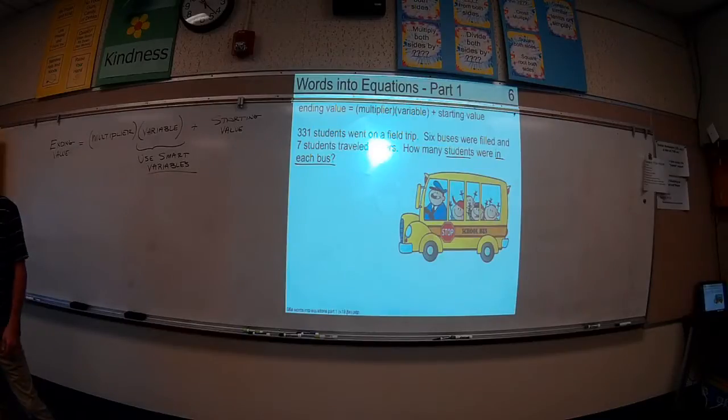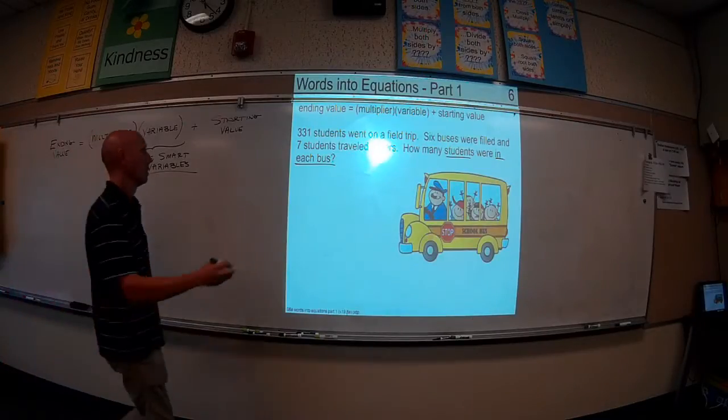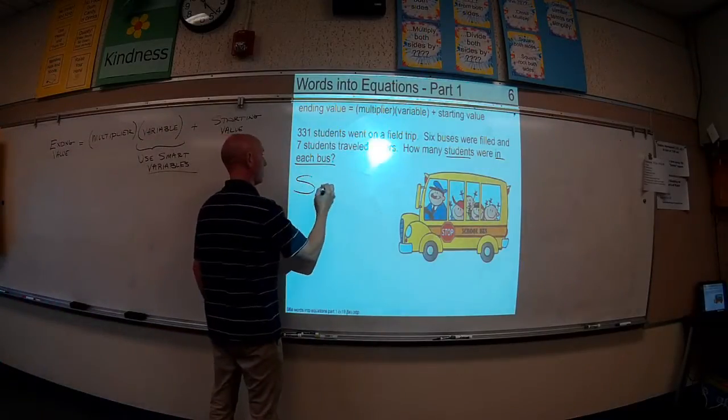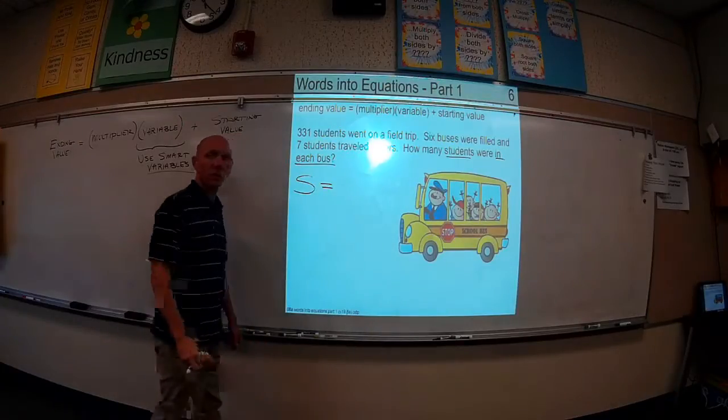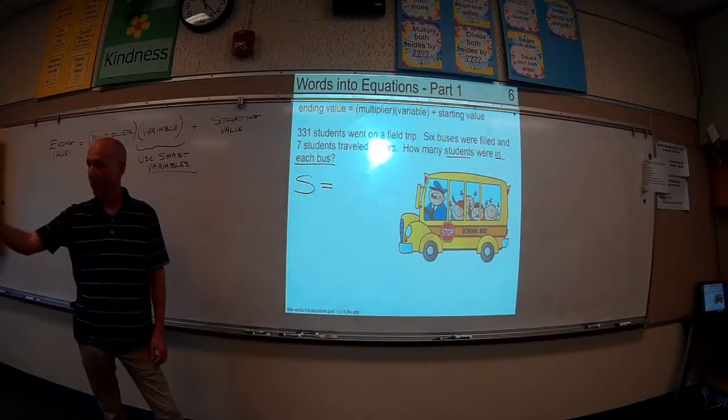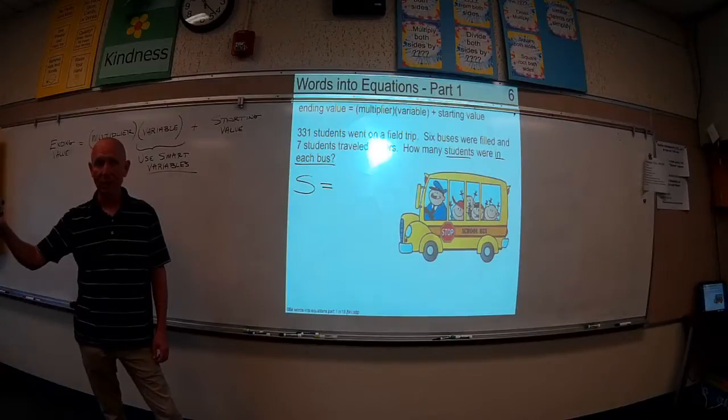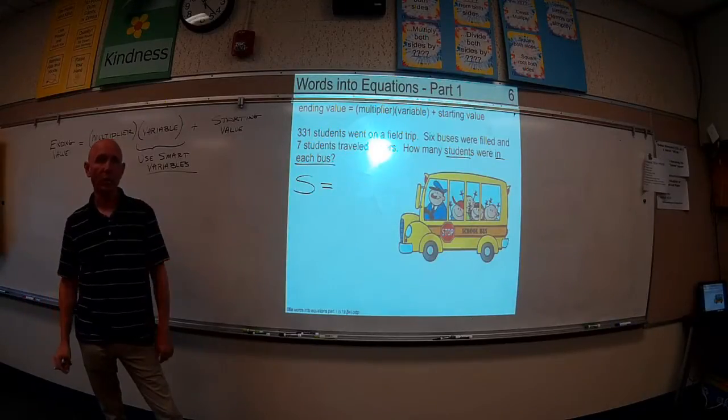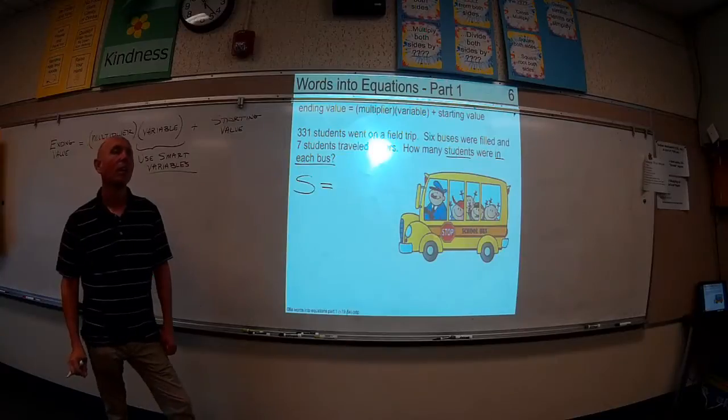Gordon. S. S? And what does S represent? It doesn't. Chris, what does S represent? The number of students on each of the buses.